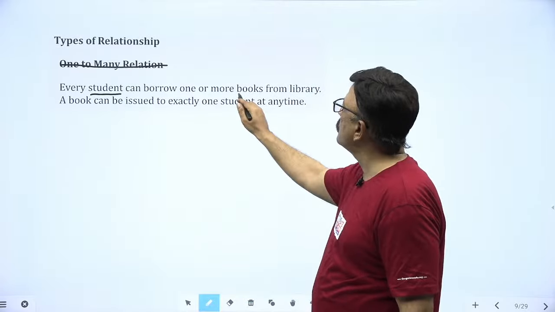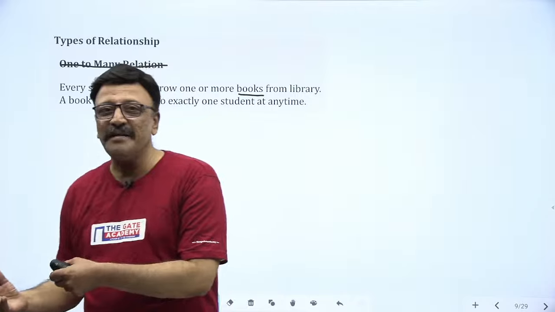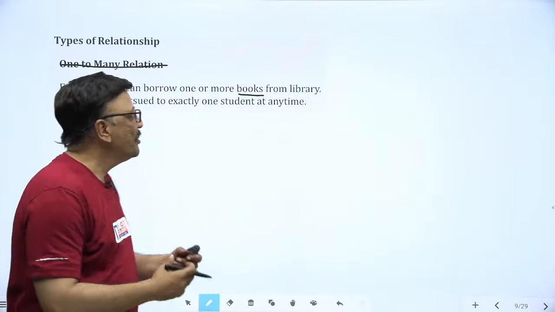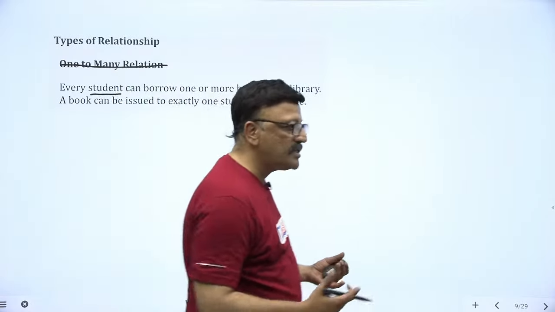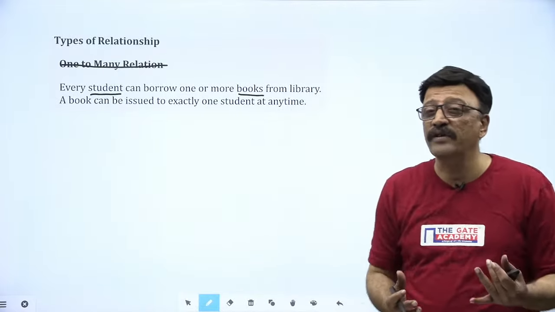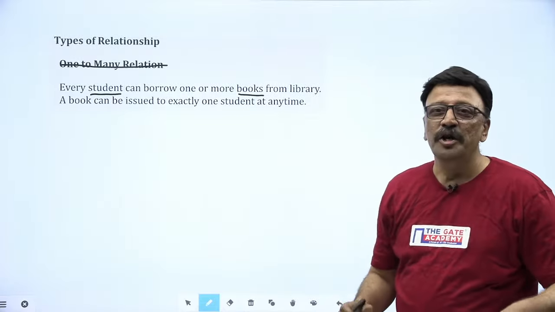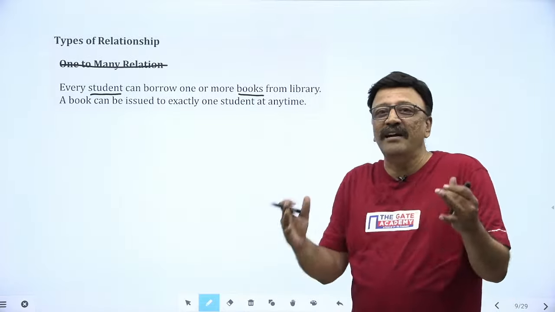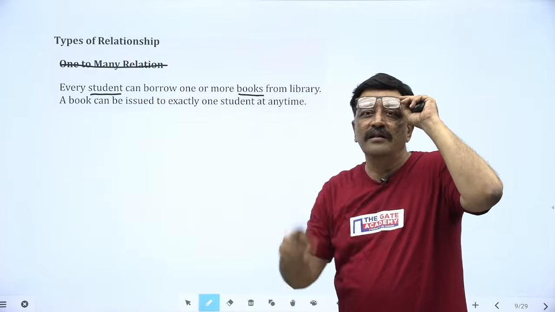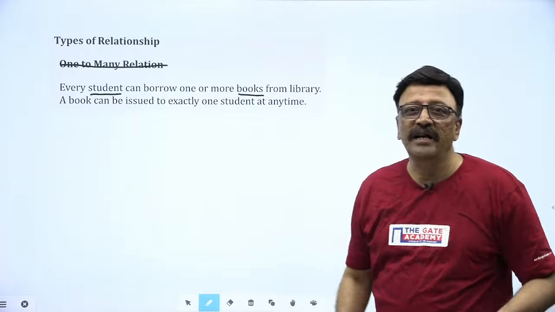Book is a noun. Even library is a noun because it is a place. But if we are writing a DBMS system for library, then library cannot be thought of as an entity because library contains books, something like that. So just don't go to that level to say that library should be an entity.